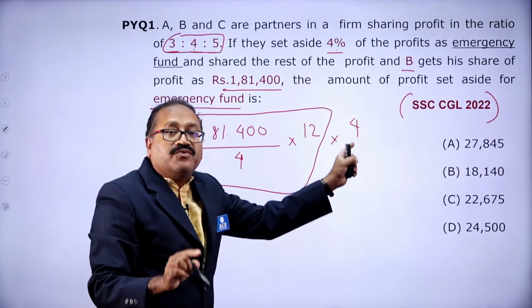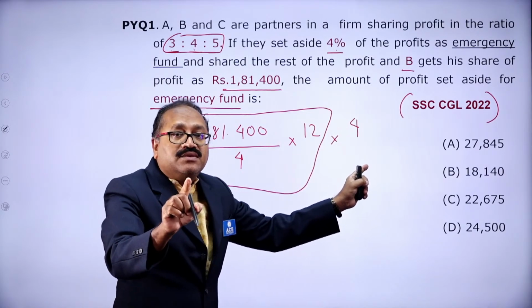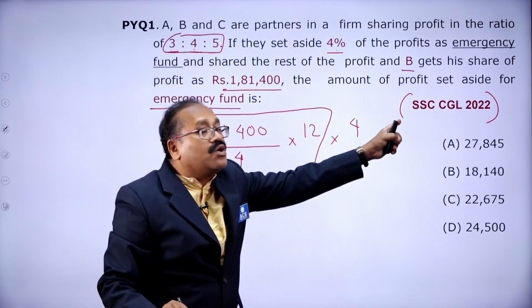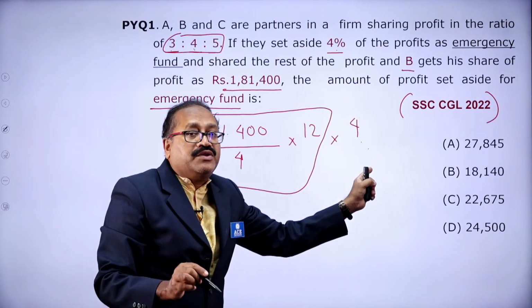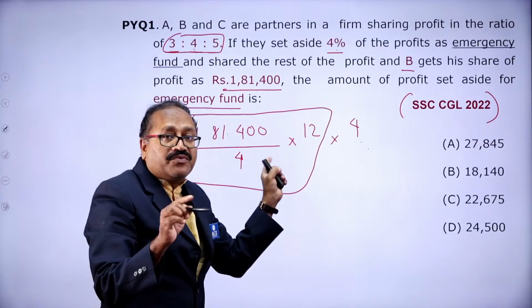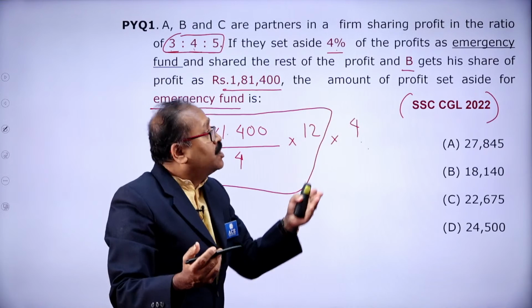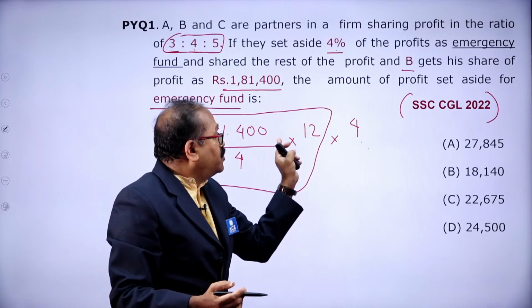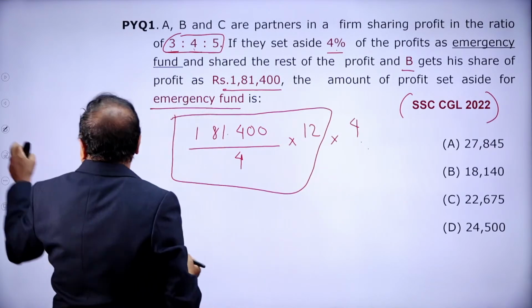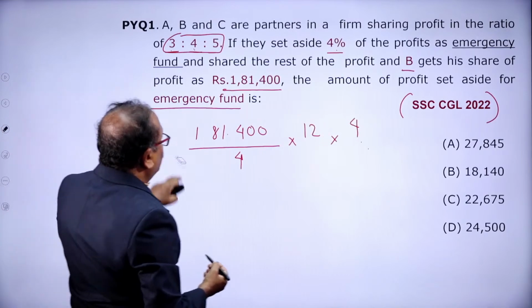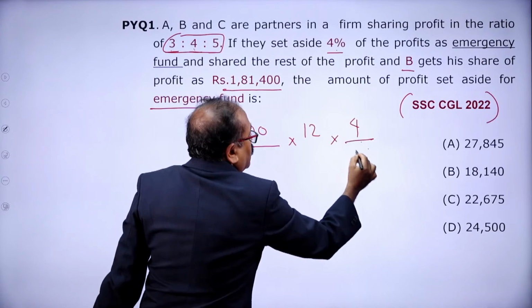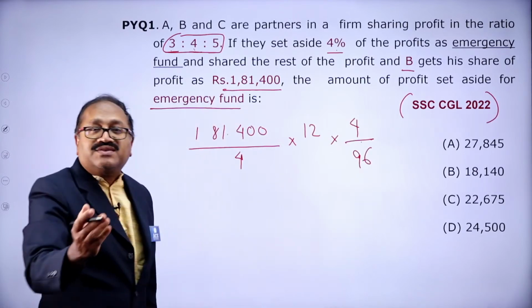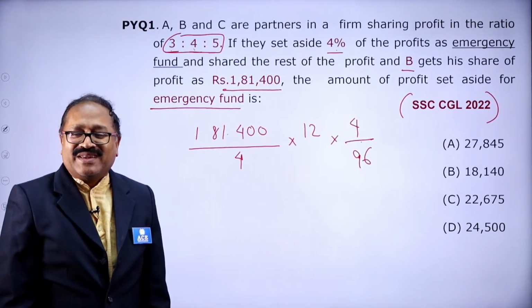Therefore, I should write 4 by 96. Did you notice the small twist in the exam paper? By mistake we write 4 by 100. No, this is the total profit after taking out the emergency fund, so this is 96%. So I should divide this by 96.